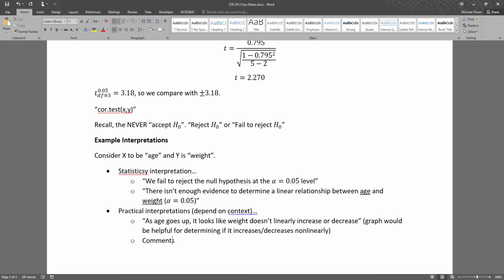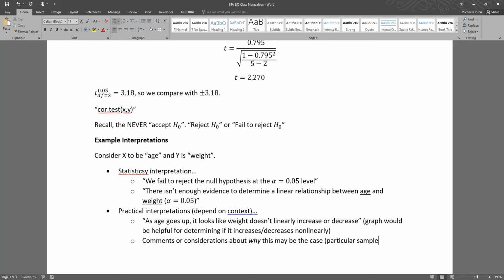Other things that you could include here, and this is very open-ended, but comments or considerations about why this may be the case. Maybe it's the particular sample. Maybe in this sample, individuals were already full-grown adults. So as their age increased, we might expect weight to increase in children, but after you're a fully grown adult, there may not be a relationship between age and weight.